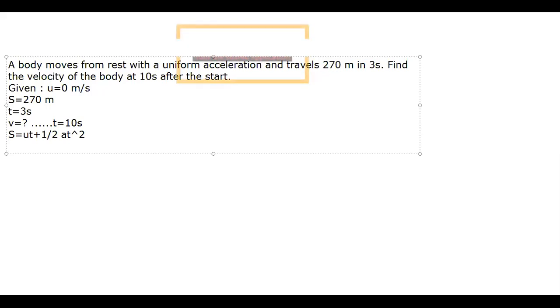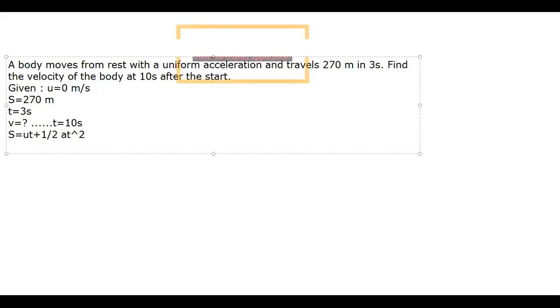So you cannot use the formula v is equal to u plus at, or a is equal to v minus u upon t, the first equation of motion, because two factors are missing and I want a. Until and unless I find out the acceleration, I cannot find the velocity of the body at 10 seconds from the start.